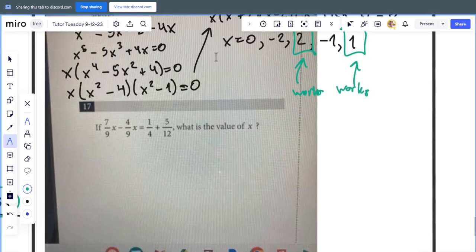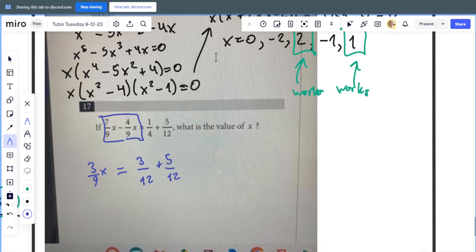And then the next one looks kind of not that fun because we're dealing with fractions. If 7/9 x − 4/9 x equals 1/4 + 5/12, what is the value of x? Oh, so this is just a common denominators problem. 7/9 x − 4/9 x is just 3/9 x, and that's equal to 1/4 + 5/12. Well, 1/4 is just 3/12.